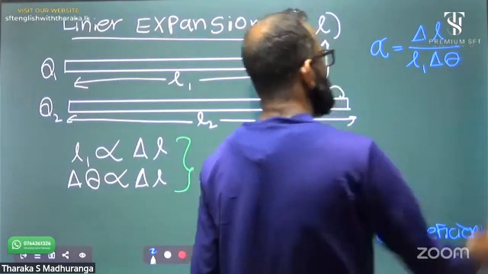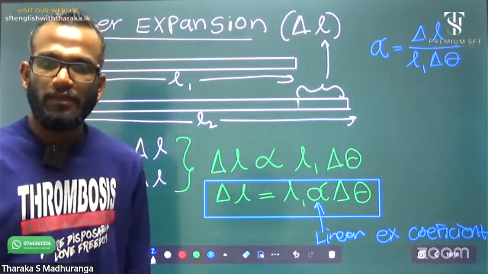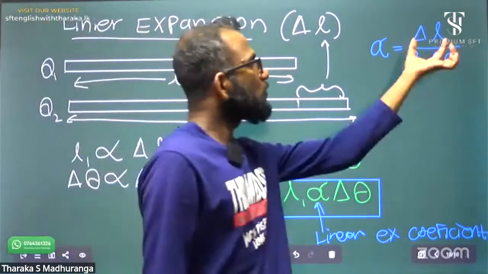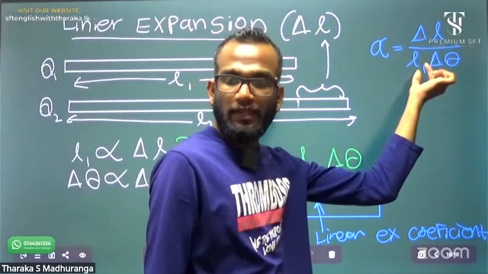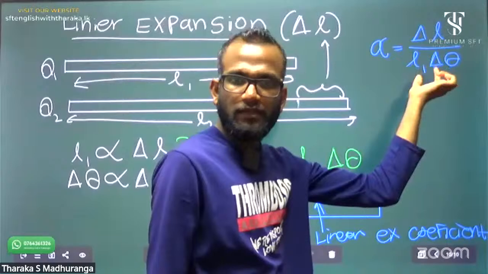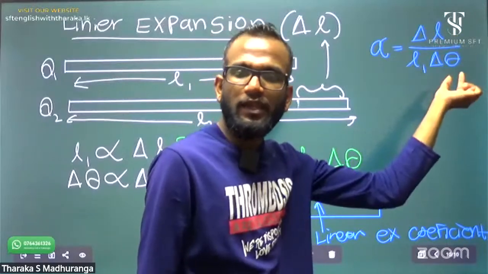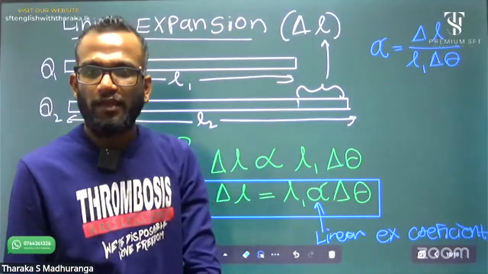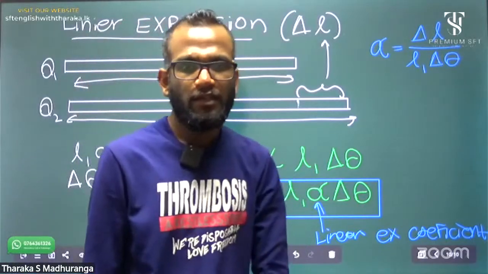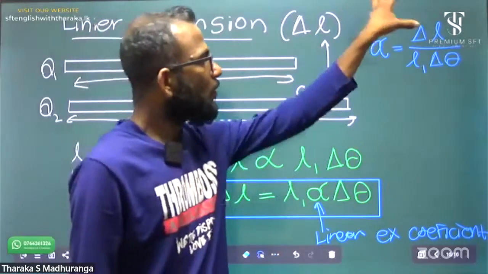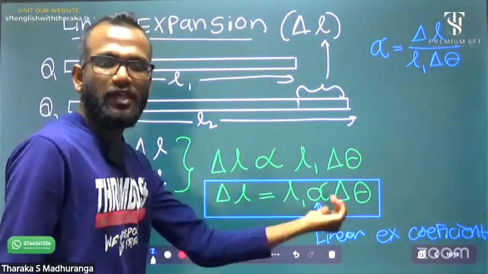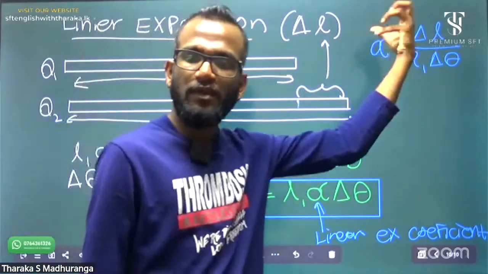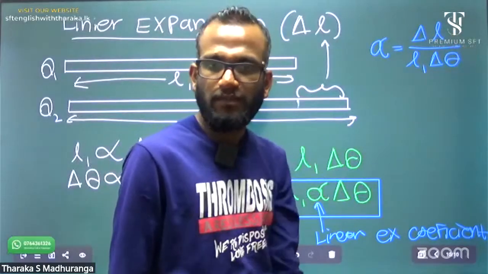Then how can we define it? Alpha: the linear expansion of any substance of unit length. Yes, unit length while increasing the temperature by 1 degree Celsius. Yes, great. No need to remember. If you can remember this basic equation, you can create these definitions.